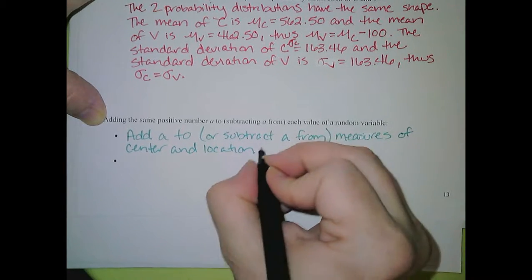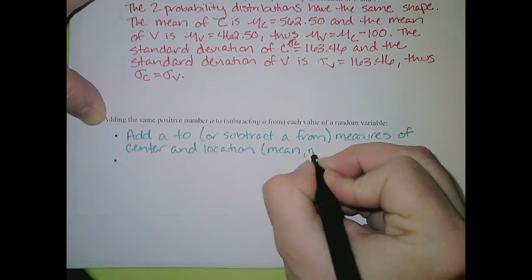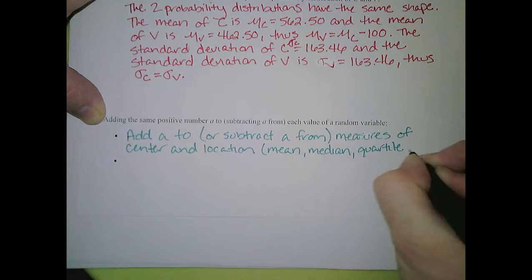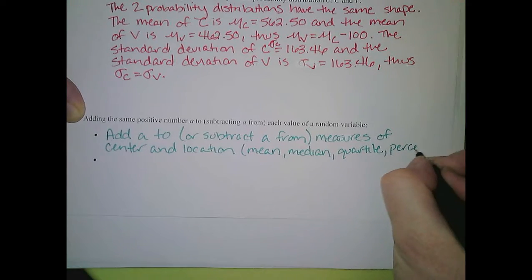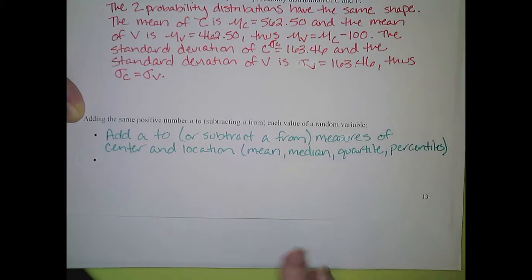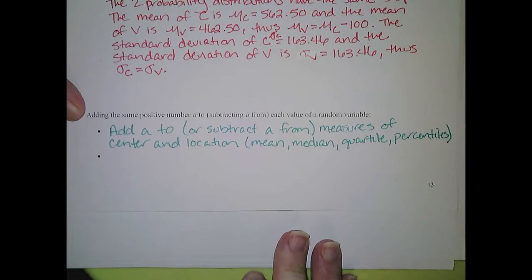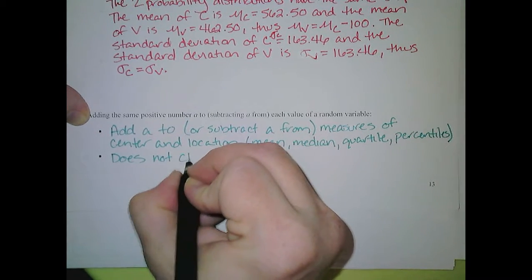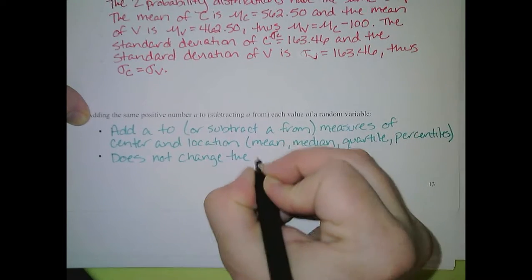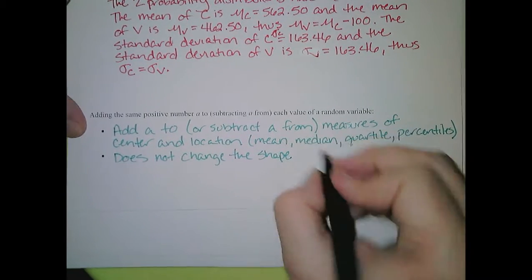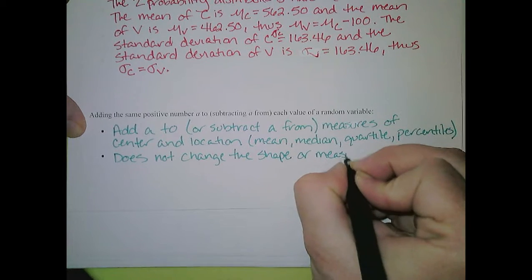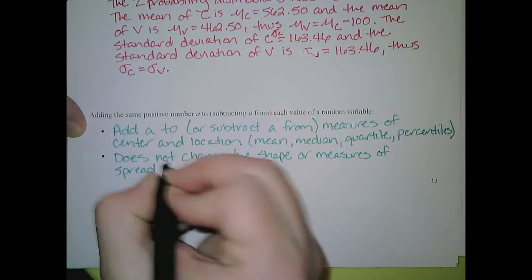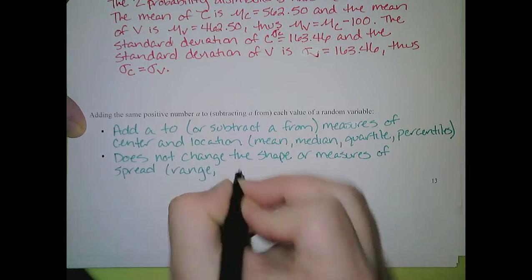And again, we're talking about things like the mean, median, quartiles, and percentiles. However, it does not change the shape or measures of spread, such as the range, IQR, or standard deviation.